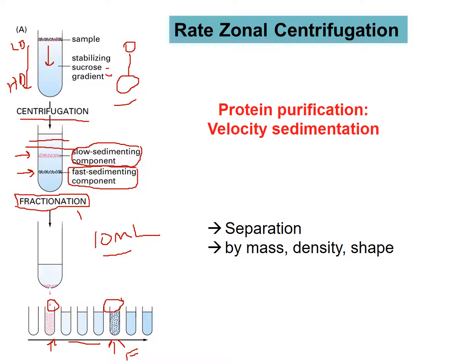So this is carefully removed from the centrifuge rotor and then applied in a fractionation machine and process to get sample areas. And then we have our two basic slices here.